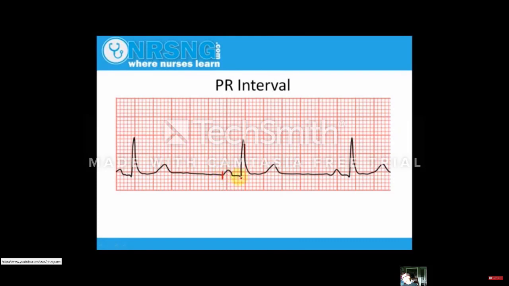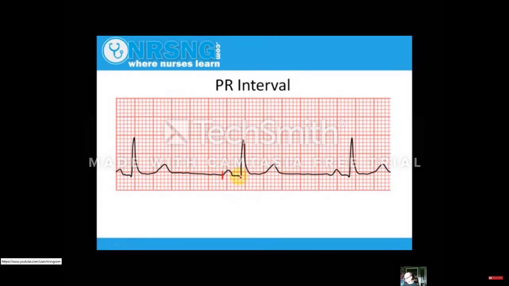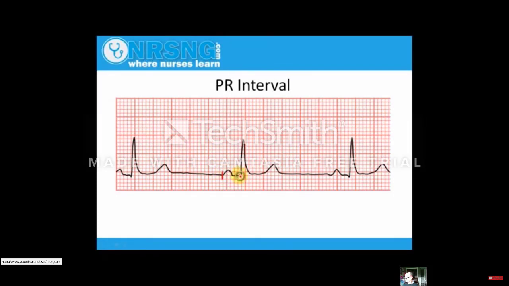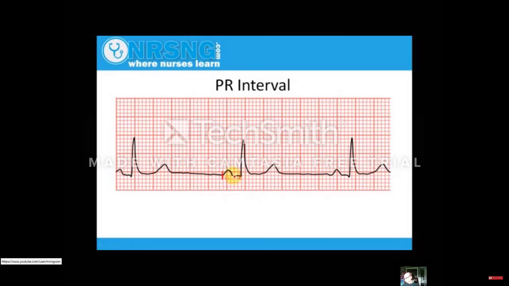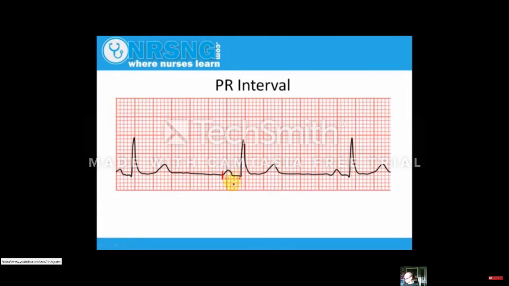Okay, so we want to count how many small boxes between there. 1, 2, 3, 4. About 4.5 or 5. So that's just on the edge of a long PR interval. But we want it to be between 3 to 5 small boxes. Okay, and that one just fits within that criteria.